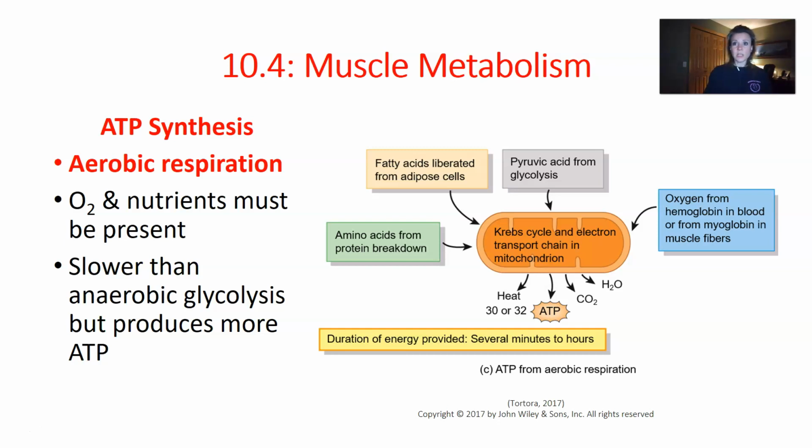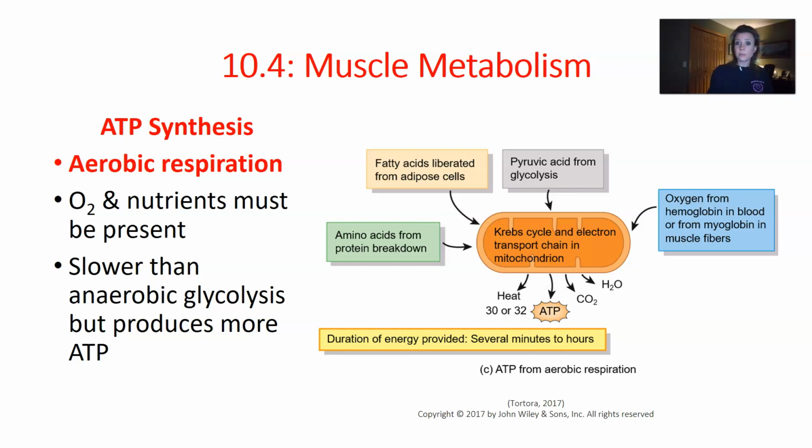Aerobic respiration is going to start off with glycolysis, but now it's happening in the presence of oxygen. And so you're still getting glucose from the blood, you're still getting glucose from the glycogen stores that are found in the muscle fibers, except now, in the presence of oxygen, the pyruvic acid that is produced goes into the mitochondria, and it's going to enter some chemical processes that require oxygen, namely the Krebs cycle and the electron transport chain.